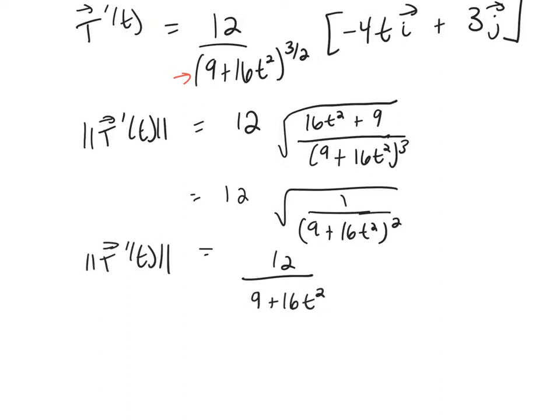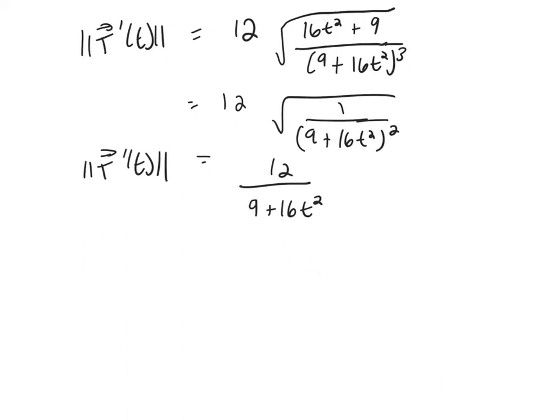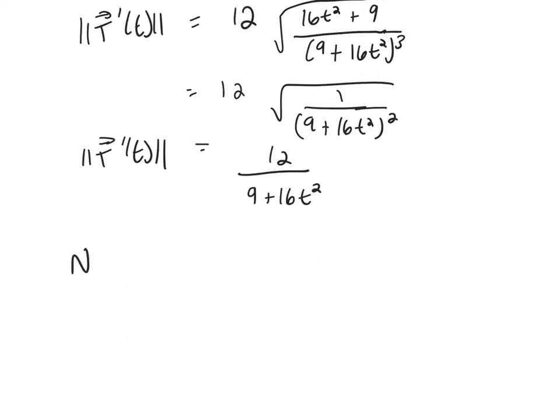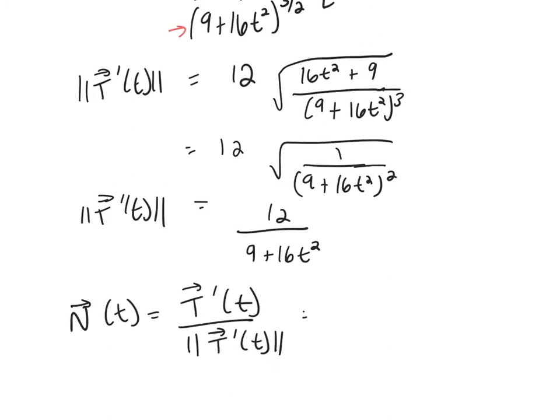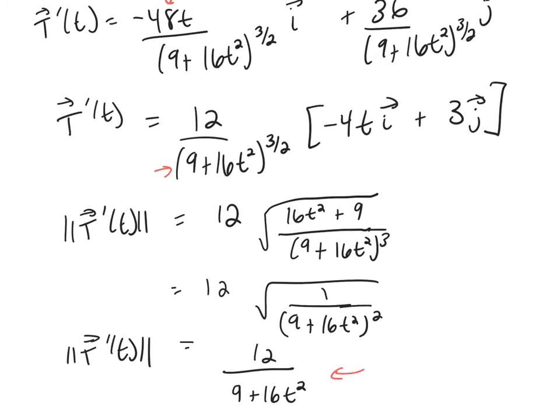So I'm finally ready to write down our principal unit normal vector, N. Remember that it's T prime over the magnitude of T prime. So here's my magnitude, and then back here was my vector T prime.